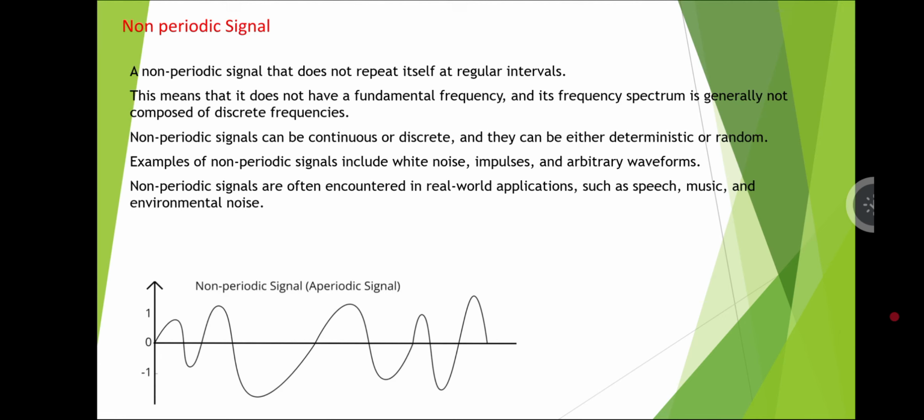Non-periodic signals can be continuous or discrete, and they can be either deterministic or random. Examples of non-periodic signals include white noise, impulse, and arbitrary waveforms. Non-periodic signals are often encountered in real-world applications such as speech, music, and environmental noise.